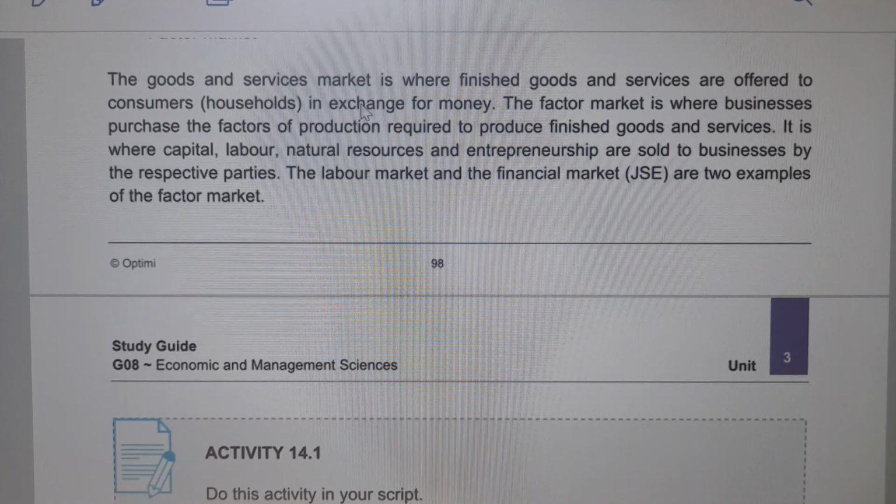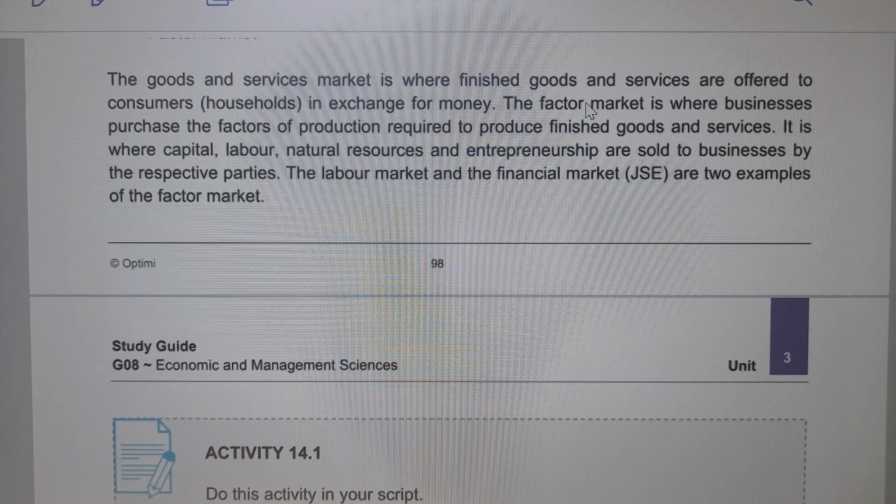The goods and services market is where finished goods and services are offered to consumers, which are households, in exchange for money.